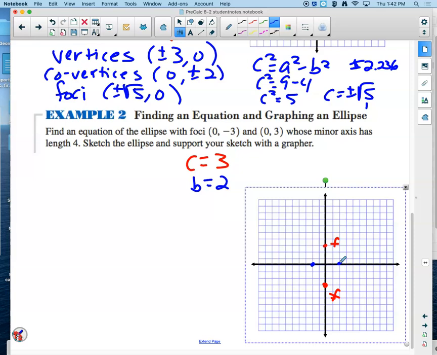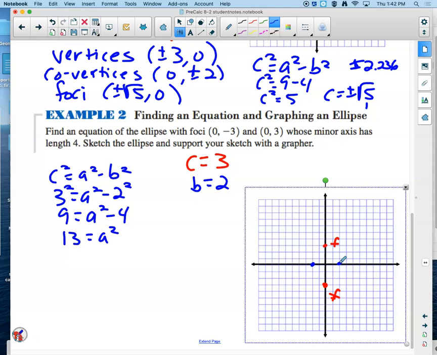Now, what I need to figure out is what's a, and then I can get this thing graphed. So c squared equals a squared minus b squared, and 3 squared equals a squared minus 2 squared. 9 equals a squared minus 4, so adding 4 to both sides, we have 13, and then the square root, plus or minus the square root of 13 equals a.